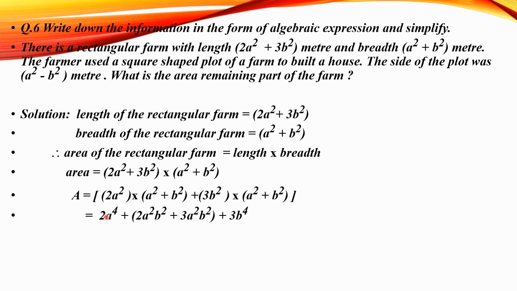So we get 2a raised to power 4 plus 2a square b square plus 3a square b square plus 3b raised to power 4. So the area of the rectangular farm, that is A1, is equal to 2a raised to power 4 plus 5a square b square plus 3b raised to power 4.